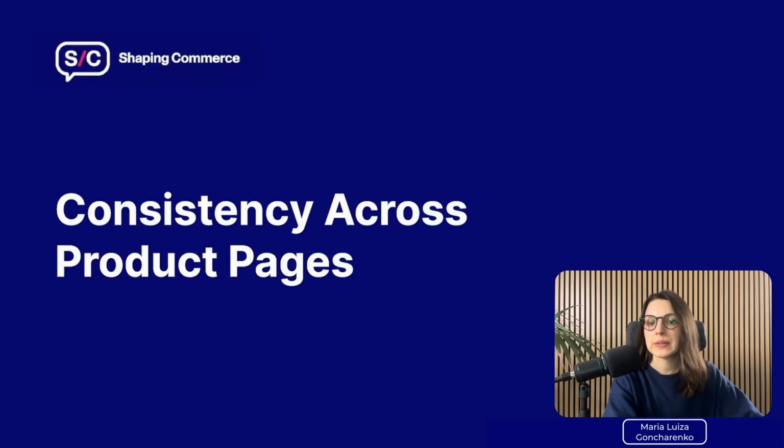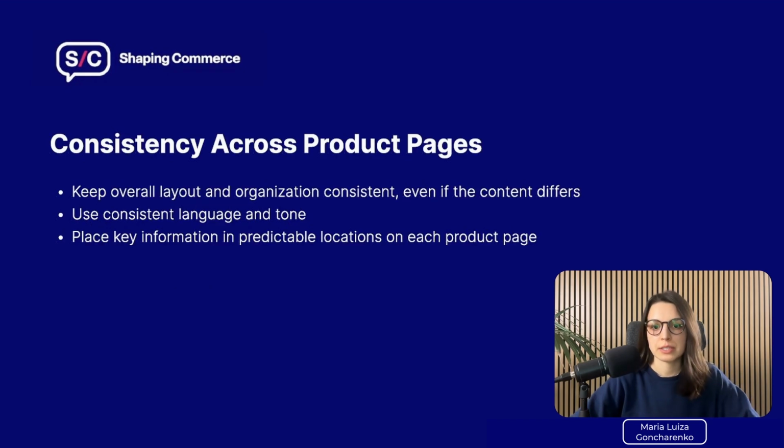And the last point is content consistency across all subpages at your online store. Each subpage can have different content due to diversity of product, but overall organization and layout should be consistent, just as we keep consistency in visual design with colors and fonts.